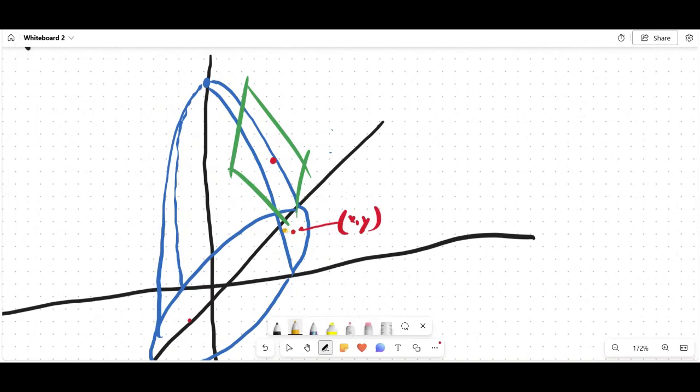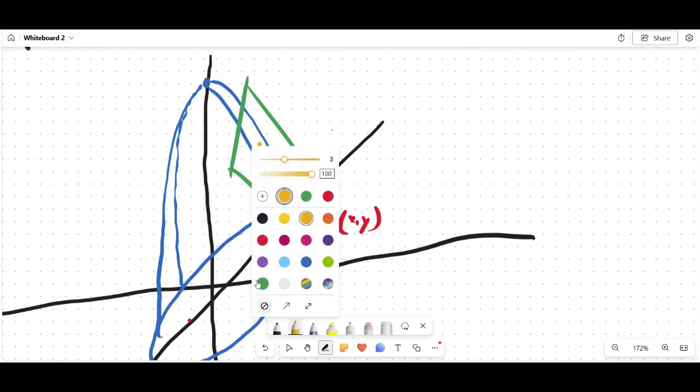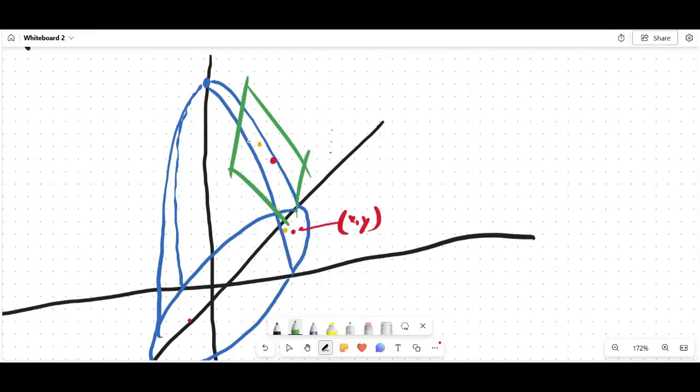Well, the value of the blue function at that gold point is somewhere right there, lying on the blue curve. But then, if you're following along my picture, just above that is the value of the plane. The value of the plane takes over that point.